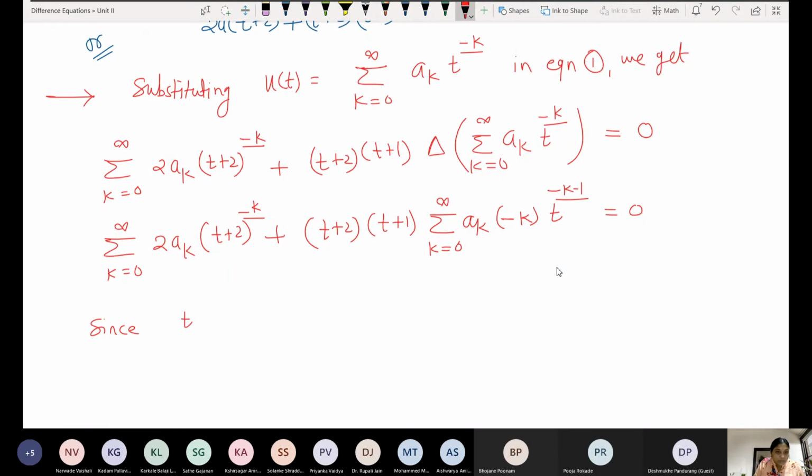Now, t plus 2 times t plus 1 times t to the minus k minus 1 falling is nothing but t plus 2 to the minus k plus 1 falling.